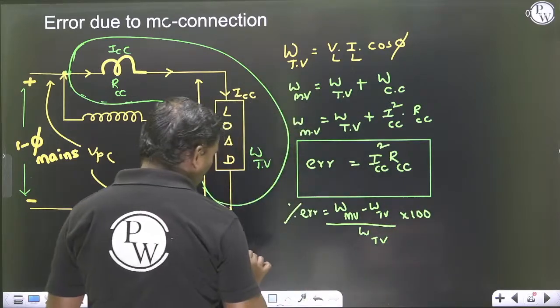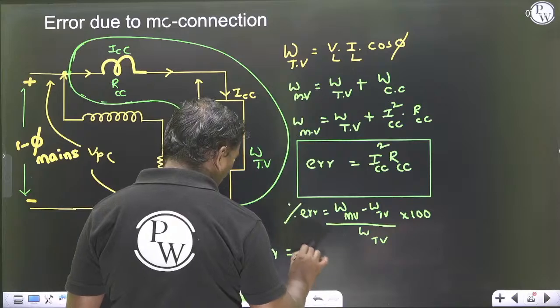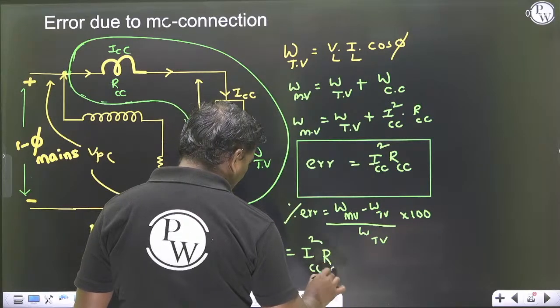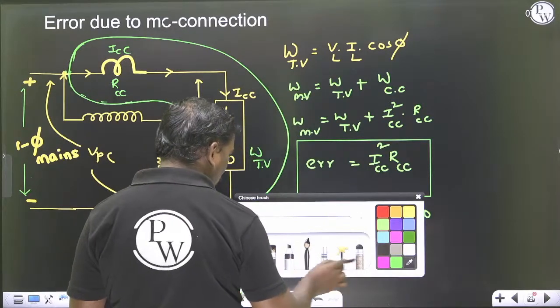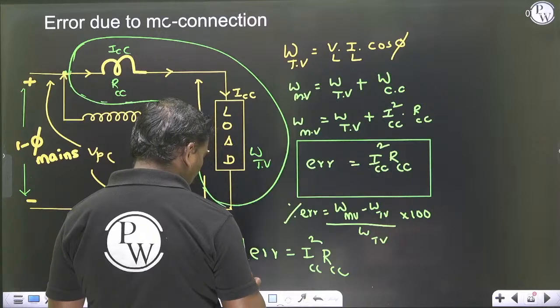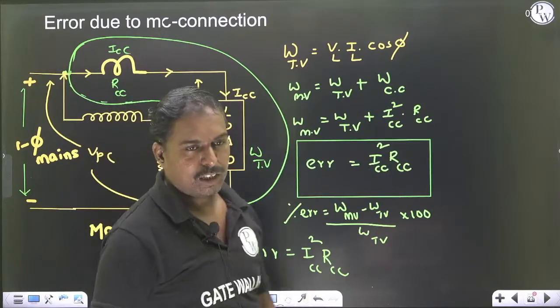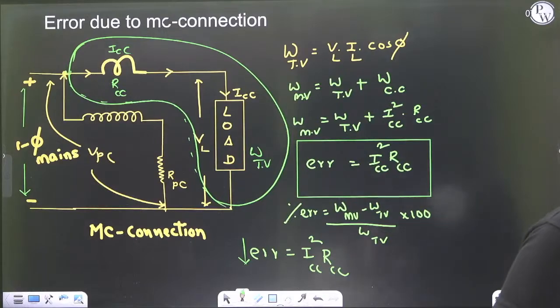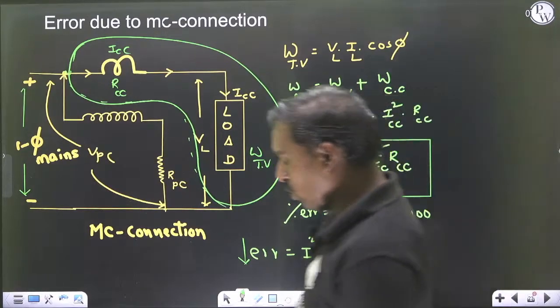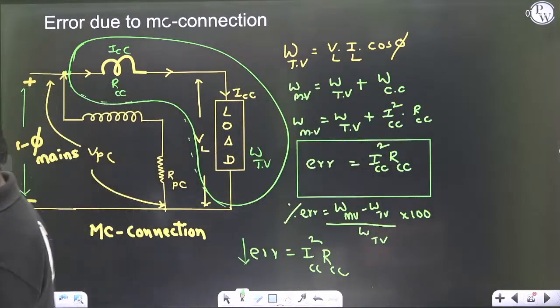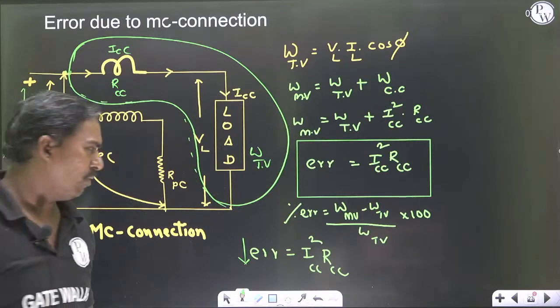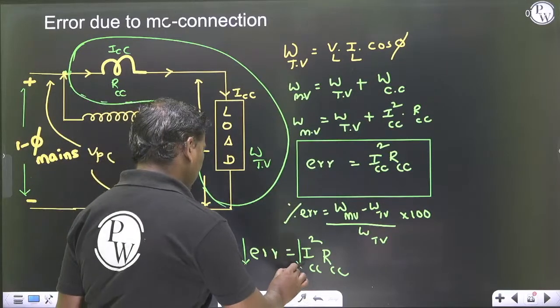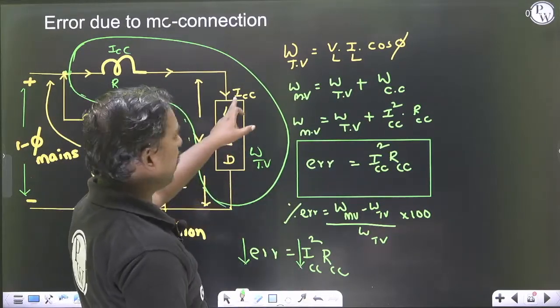So generally हमको error कम होना है. So this particular connection is where suitable. अगर error कम होना है तो हमको ICC कम होना है. ICC when it will be less? When the load is more, definitely ICC will be less.